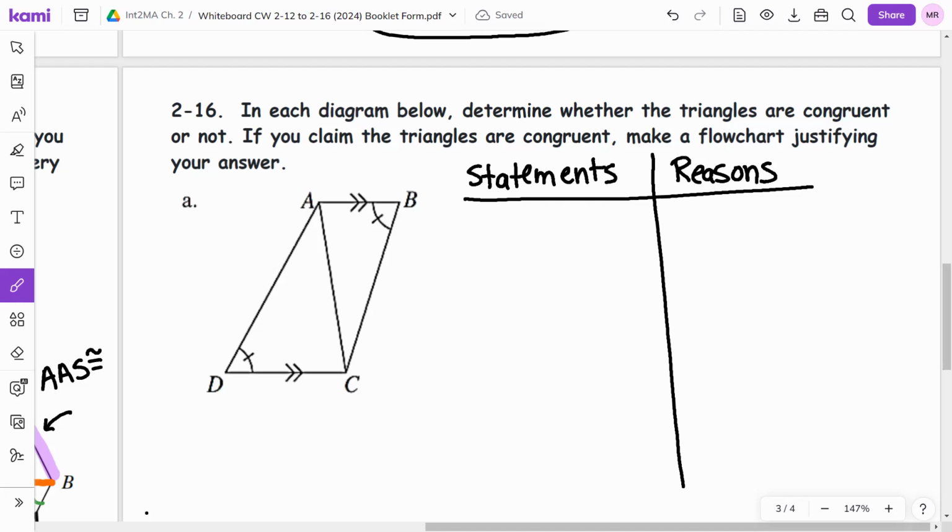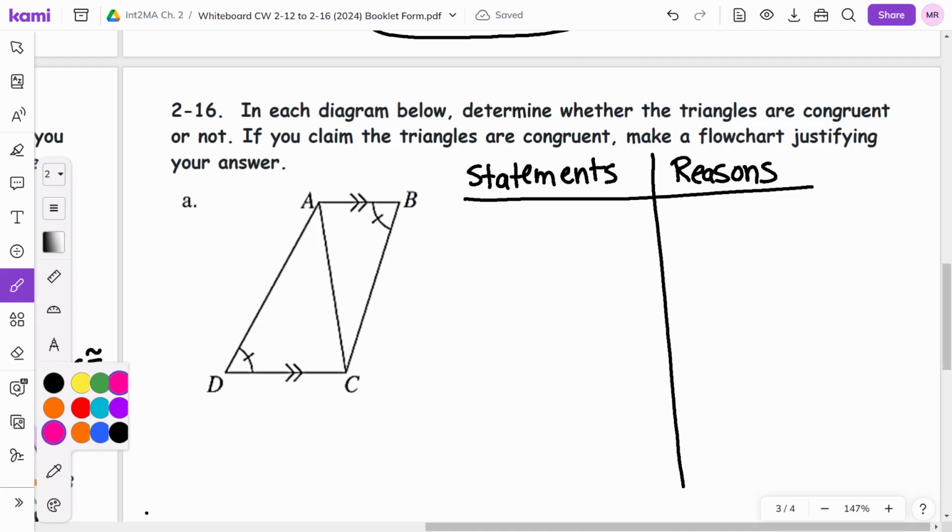So in this situation, I'm going to color code some things. We know that angle D and angle B are congruent. I notice that they share this side, so that's a side they have in common by the reflexive property.